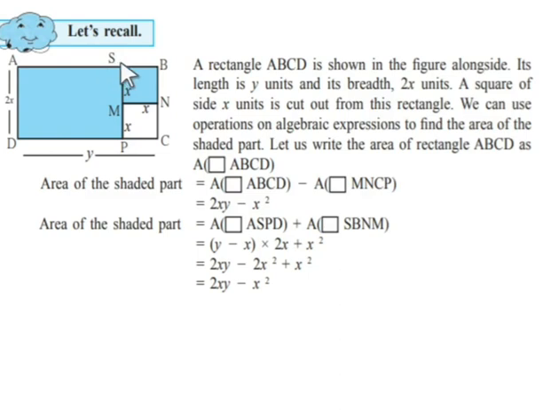Therefore, the area of rectangle ASPD will be (y minus x) multiplied by 2x. That is the area of rectangle ASPD plus the area of square SBNM. Now, what is the area of square SBNM? Here, the side is x units, therefore the area is x square. So, we will add the area of rectangle ASPD and the area of the square SBNM. We will get the area of the shaded part.